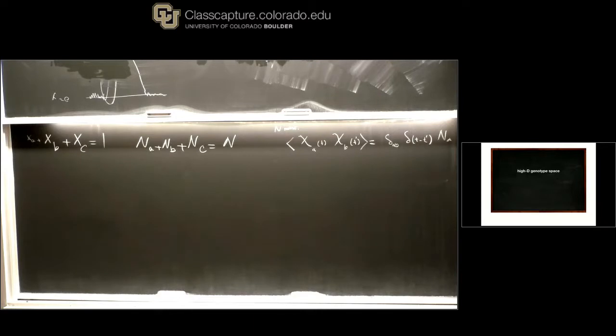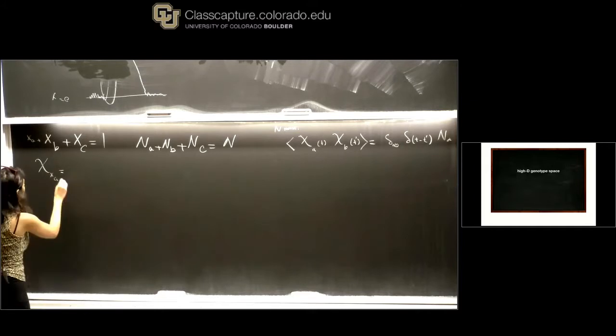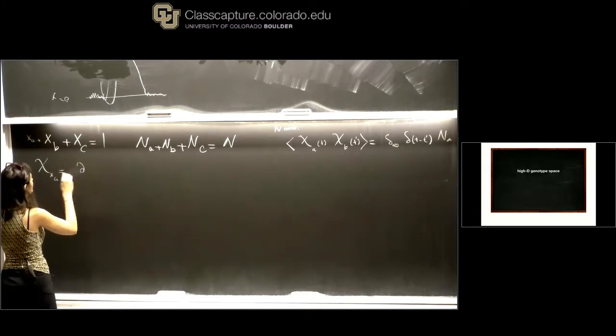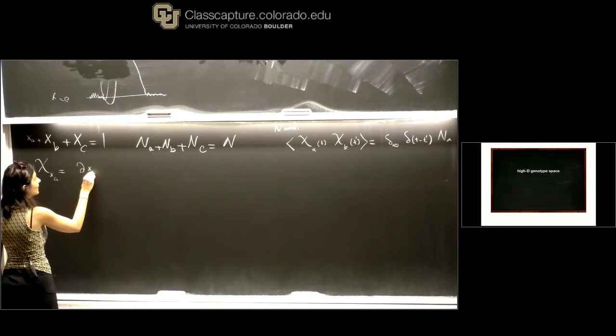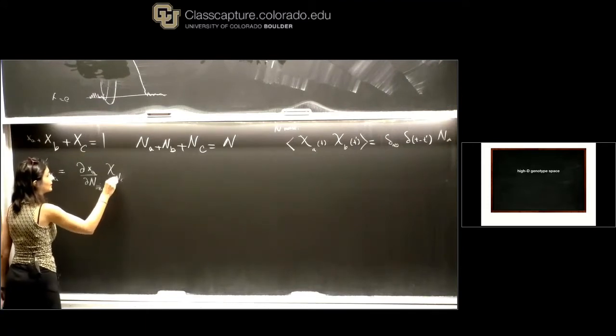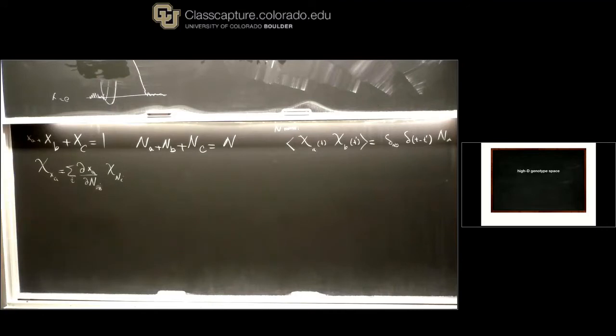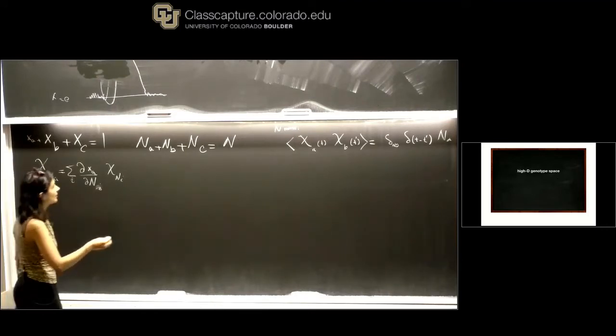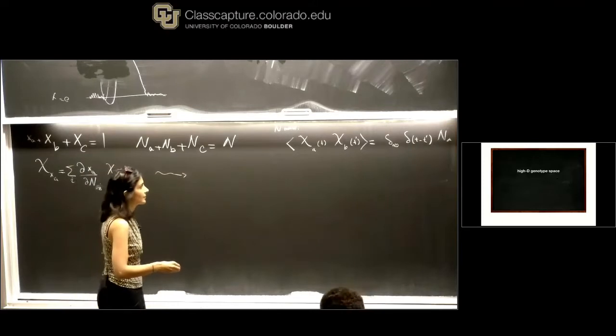So if you do the transformation that we discussed last time, going from the n noise to the frequency noise, we said the noise chi of x_A would be the derivative of chi of n, summed over i. And what you end up having is this interesting covariance matrix.